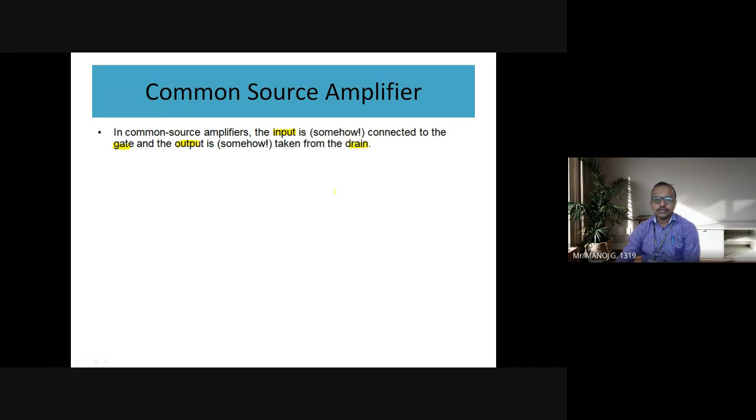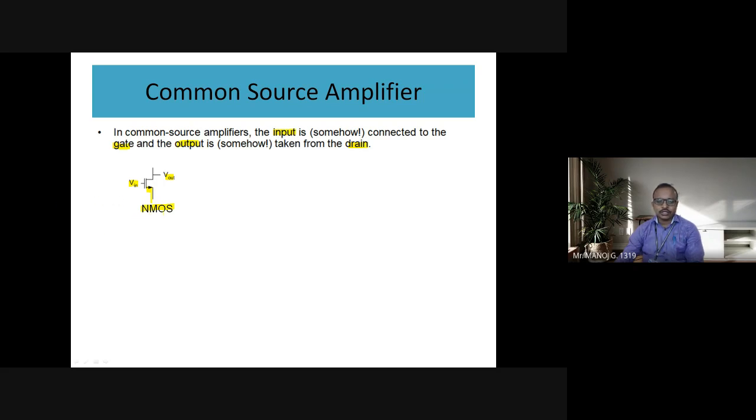So for an NMOS, as all of you said, source is grounded, but the input is connected to the gate and output is connected to drain. I think Ashika told the output is connected to the drain, right? That's a good answer. Other than that, I'm blank, sir. It's okay. Is that clear?